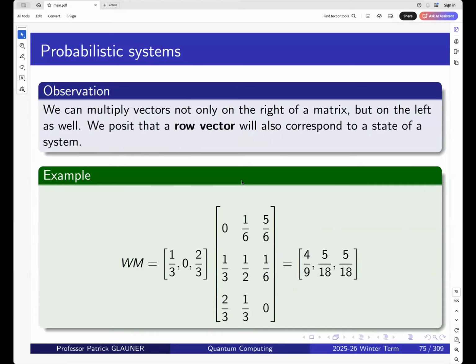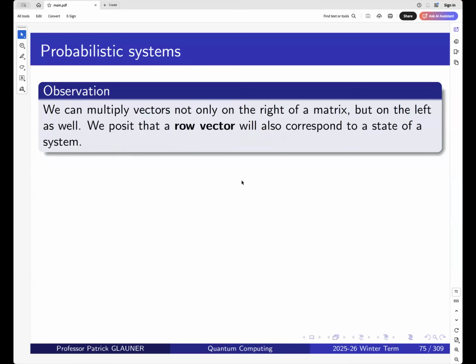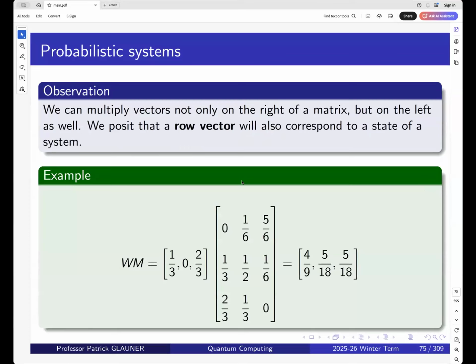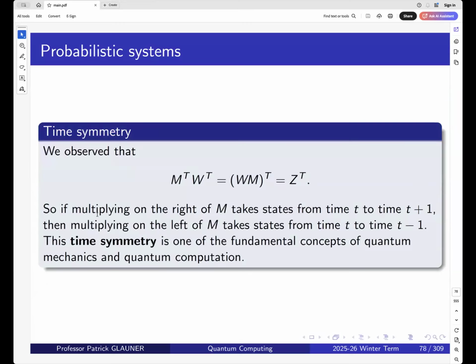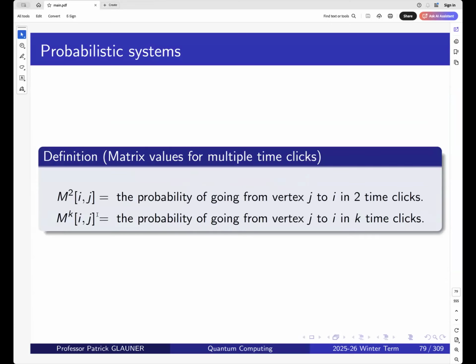The dynamics is just the same. We can multiply the column vector from the right to do 1 time click into the future. However, we can also go into the past if we multiply our vector as a row vector from the left, and then we go 1 time click back. We saw if we transpose our matrix, we would also go back in time, and we looked at this time symmetry equation here to formalize this.